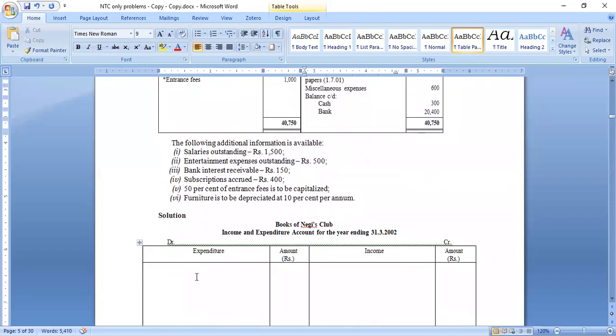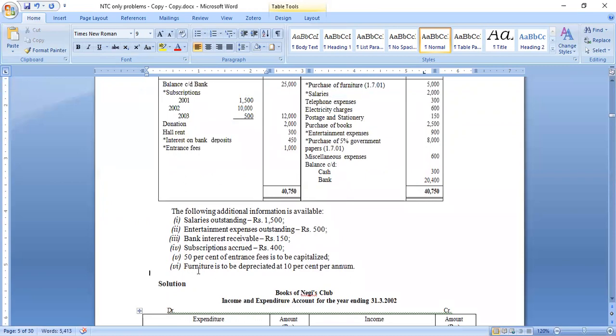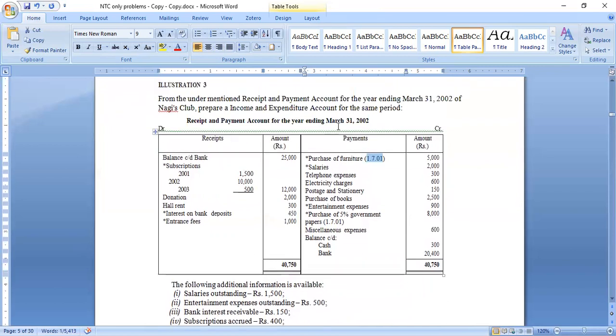So purchase of furniture, we have to calculate the depreciation on furniture. How much is it? For furniture, we have an adjustment of 10% per annum. So 10% of 5000 comes to 500. But it was purchased in July 2001.